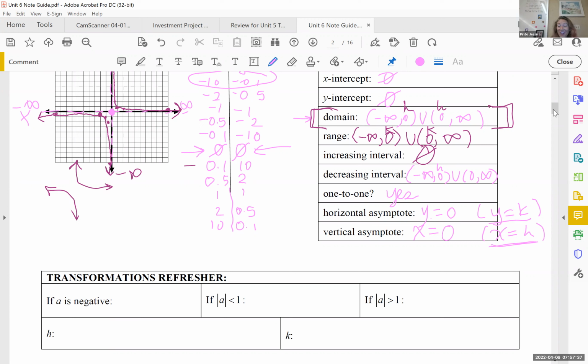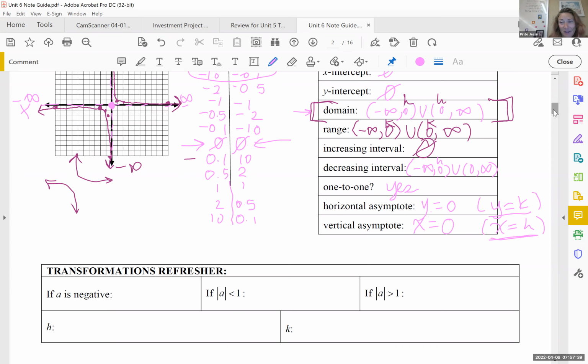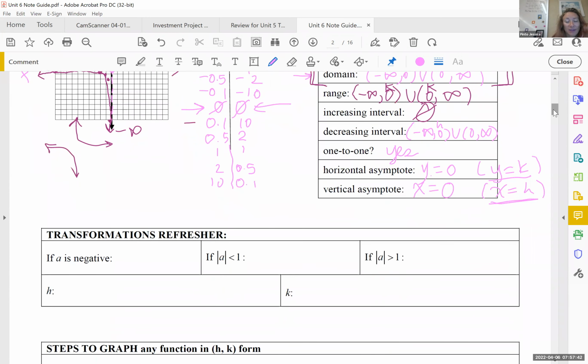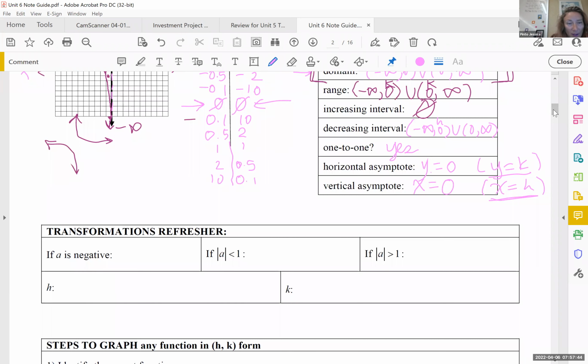So just to refresh our transformations, we're going to look at if a is negative, then what do? So this is the a is positive shape. So that's going to flip around. It's going to look like this. And then we're going to say reflect over x axis. That's how we describe it.